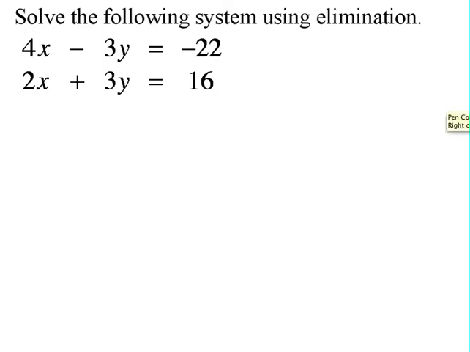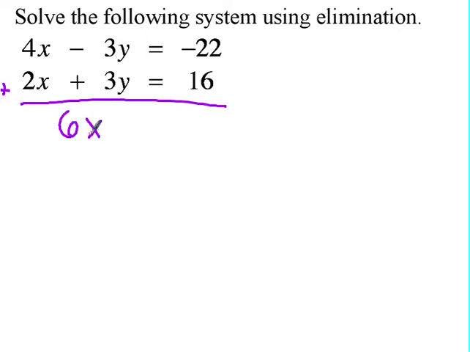So with elimination, remember our goal is to eliminate one variable. And in this case, I can eliminate one variable. What variable can I eliminate? 3y. I can eliminate the 3y. So how can I eliminate that? I can eliminate that by adding the two equations together. So if I add those two equations together, I get 4x plus 2x, which is 6x.